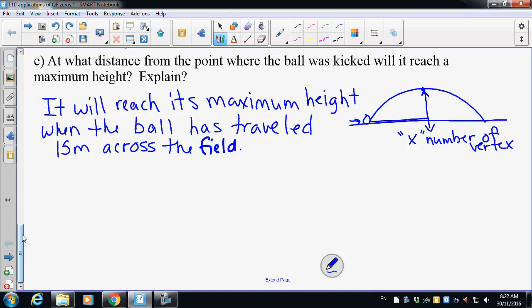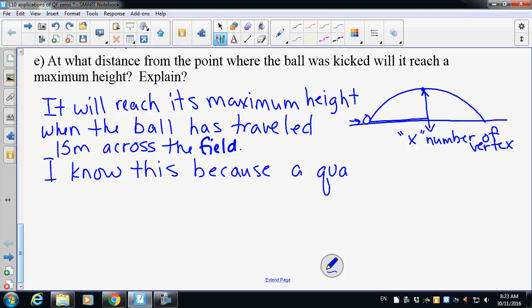Explain, well, you could say something like, I know this because a quadratic creates a mirror image.